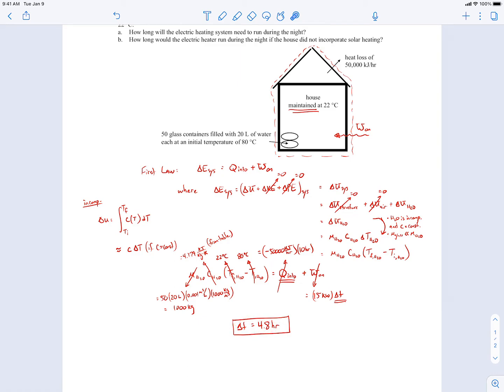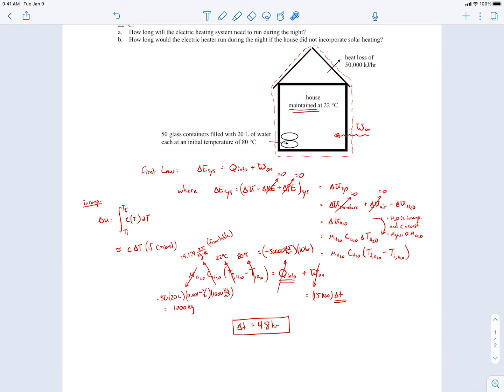Okay. Now, part B is how long would the electric heater run at night if the house didn't incorporate solar heating? So in that case, we wouldn't have this left-hand side, right? If there's no solar heating, then you don't have any of the mass of the water here, so this term just would be 0.